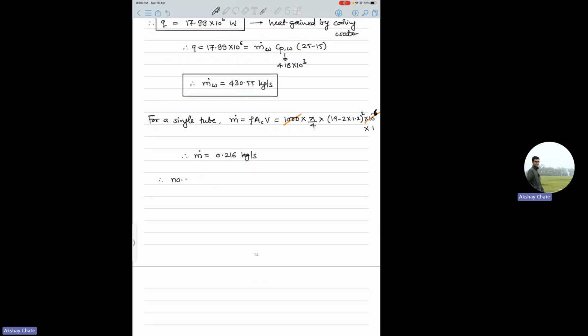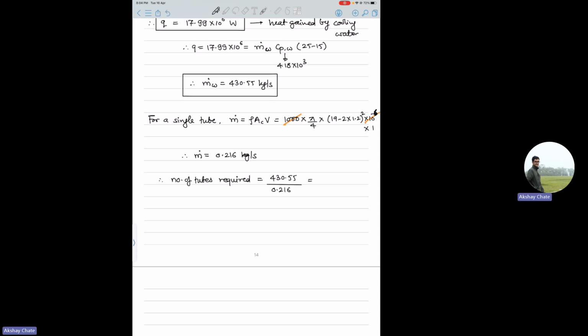Therefore, the number of tubes required is nothing but 430, which is the total mass flow rate of water required, divided by how much can go in each tube. So if you do this, you should get 430.55 divided by 0.216.